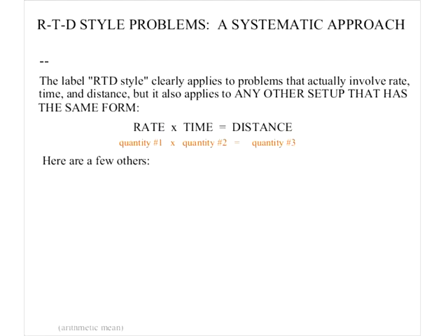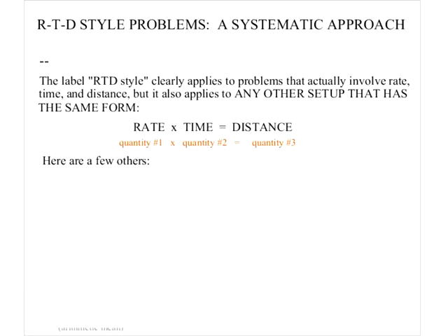So notice, here's the deal. When you have a rate, time, distance problem, the ultimate setup of the problem is rate times time equals distance. What matters is not so much that these quantities were called rate, time, and distance.